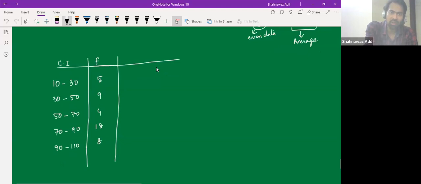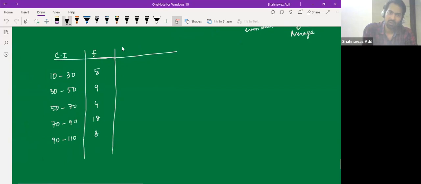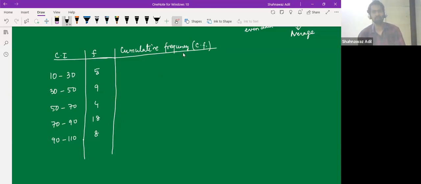To find the median, you calculate another quantity, which is cumulative frequency, denoted by CF. This is the overall total frequency. If you are calculating from 10 to 30, this is 5. Now, from 30 to 50, this would be 9 plus 5, so you add the next one.